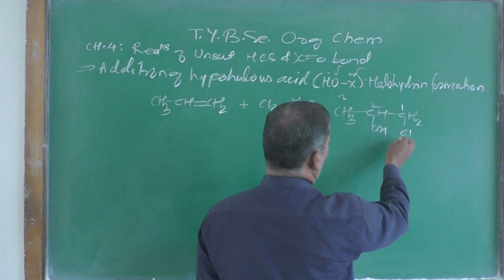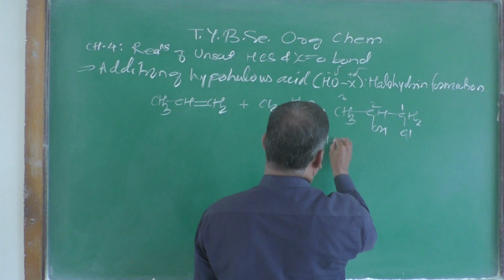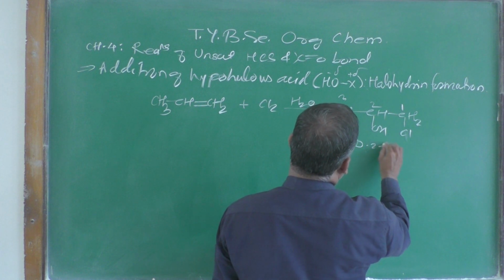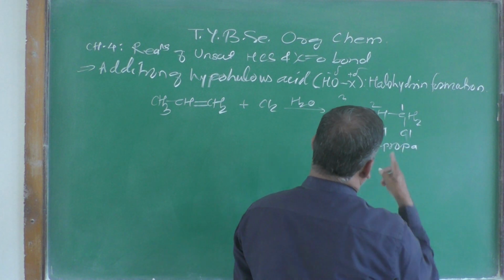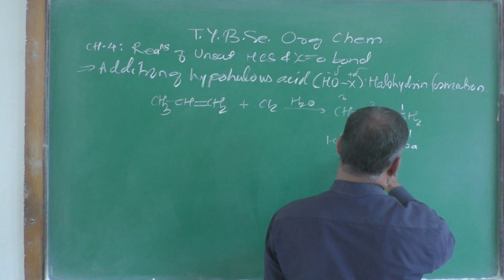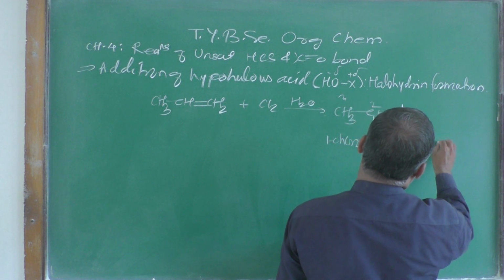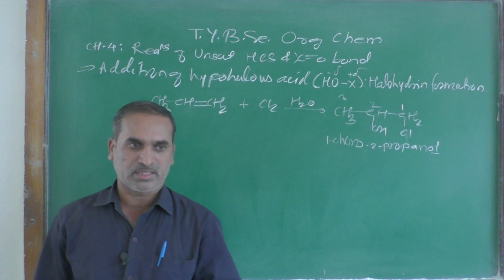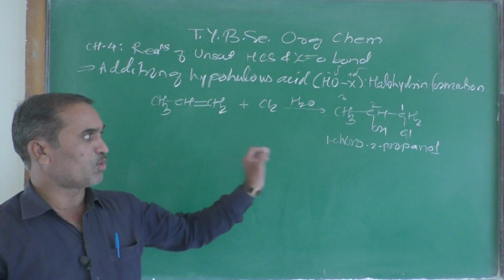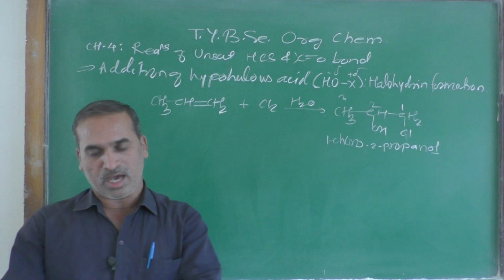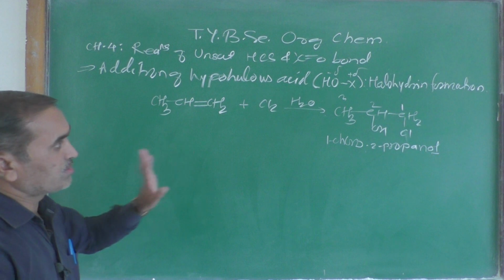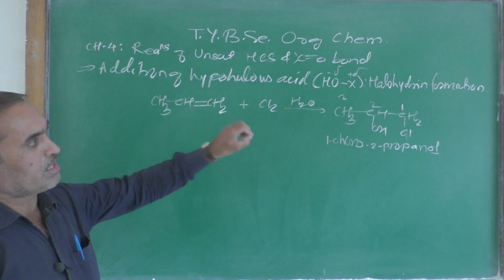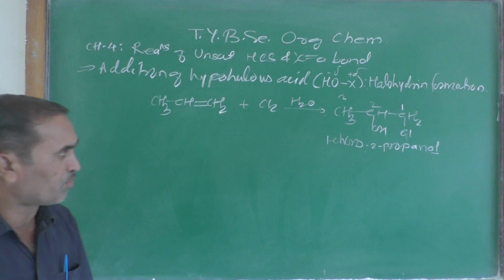At position 1 a chlorine atom is there, and therefore 1-chloro-2-propanol. Propane indicates 3 carbon atoms in the straight chain, therefore 2-propanol. The suffix OL clearly indicates that an alcohol is present. So this is the IUPAC name of this compound, and this reaction takes place according to Markovnikov's rule.